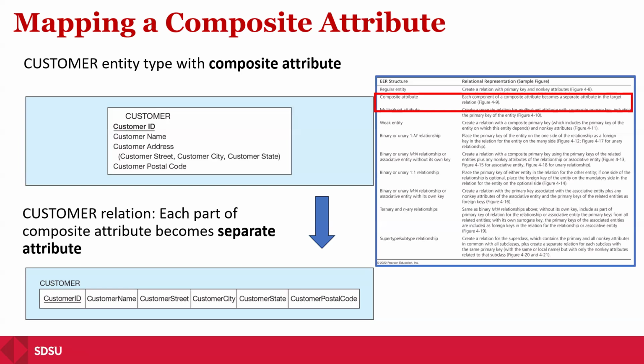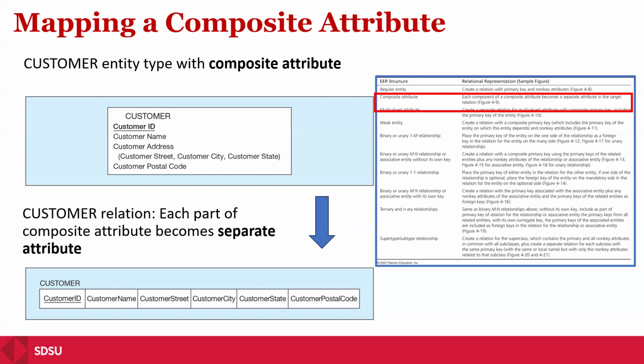As you can see here, we have customer ID, also the primary key, customer name, customer street, city, state, and postal code. All of those are separate attributes in the customer relation. So again, for the composite attribute, we will create a separate attribute for each component attribute of the composite attribute. In our case, address has four component attributes.